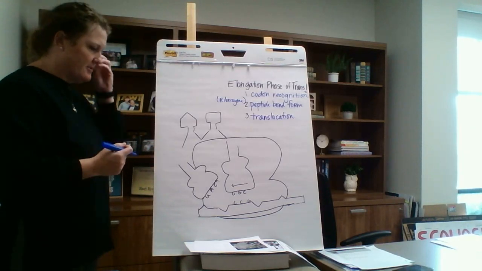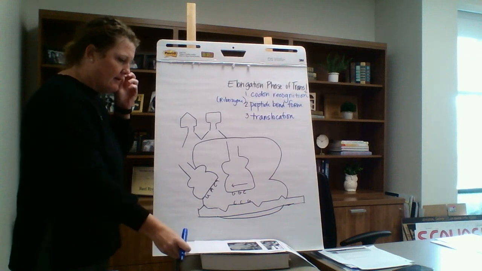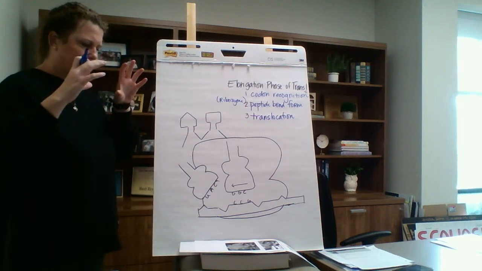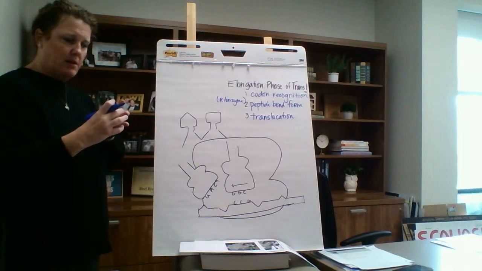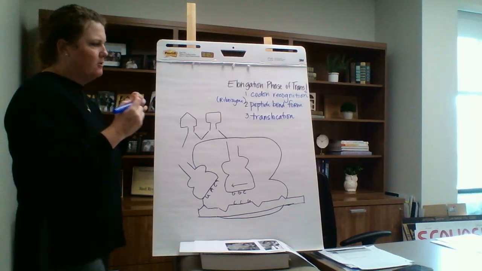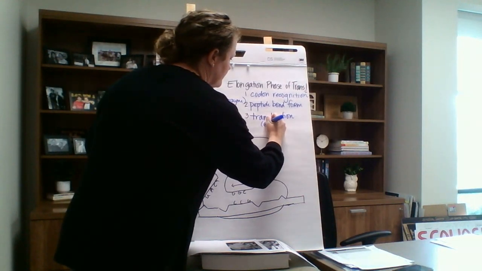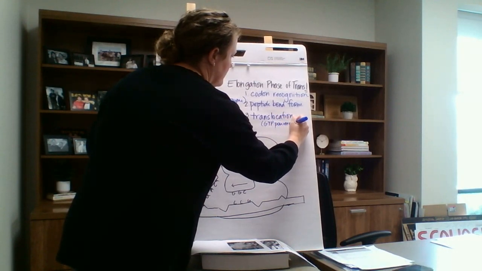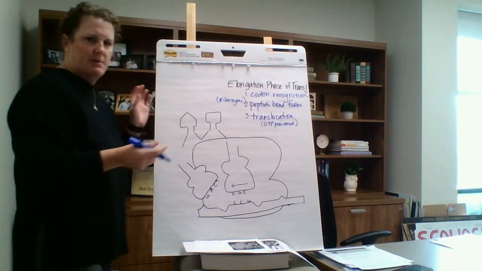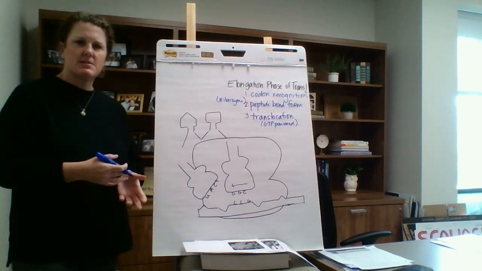So translocation. Now you also have a really big box again on number 3, and then you have a little box below. That little box below is for GTP powered. Now GTP is a molecule that's similar to ATP.